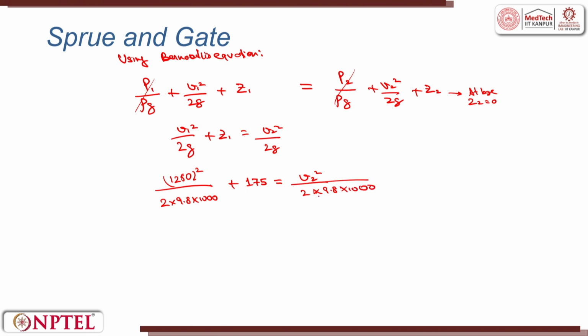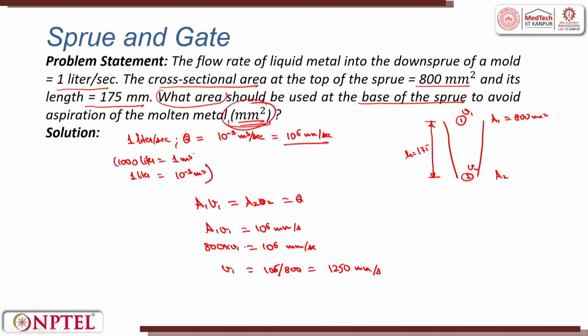So, from here doing all the transformations and taking square root of the value that comes after the subtraction and setting the equality right, we get the value of V2 as 2235.173 millimeters per second. So, this is the velocity required as it is mentioned in the problem at the base of the sprue to avoid aspiration.